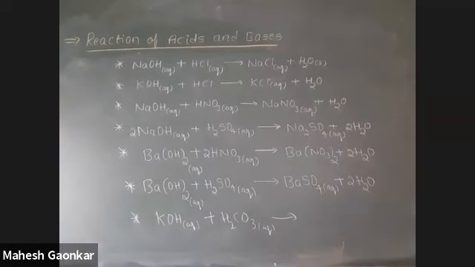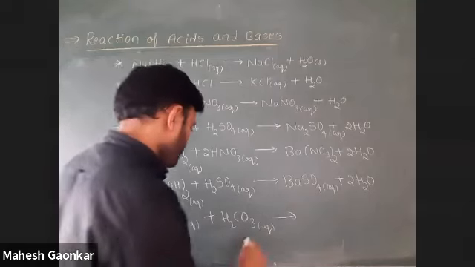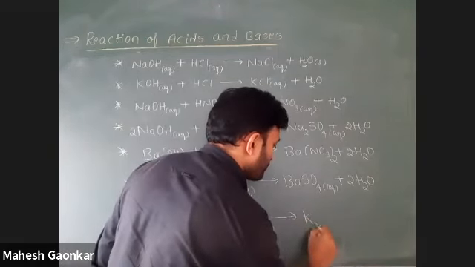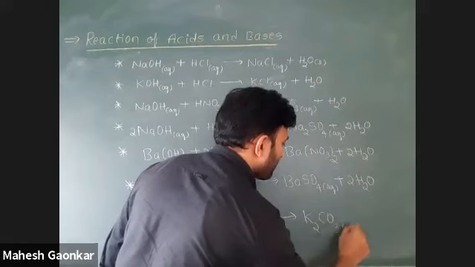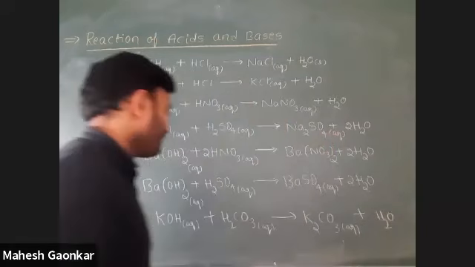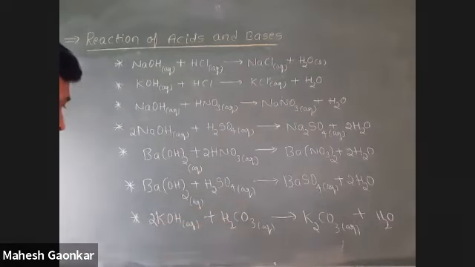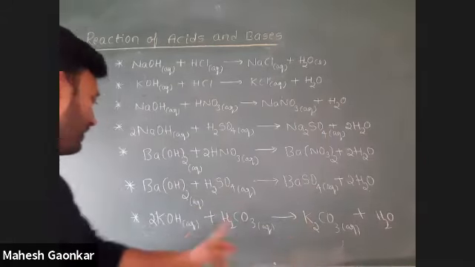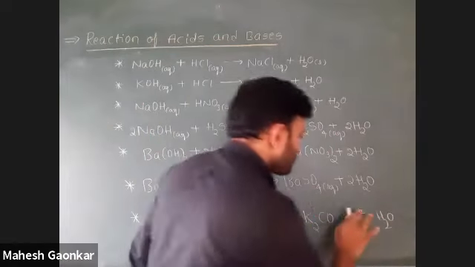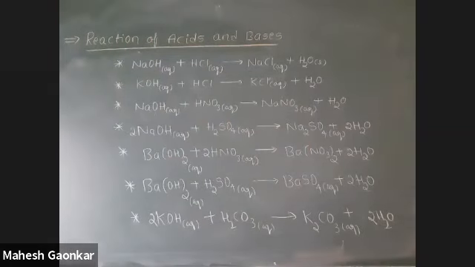KOH plus H2CO3 gives potassium carbonate, K2CO3, plus H2O. K2CO3 means it should be 2 KOH, right? And 2H here, so it should be 2H2O. The reaction is balanced.